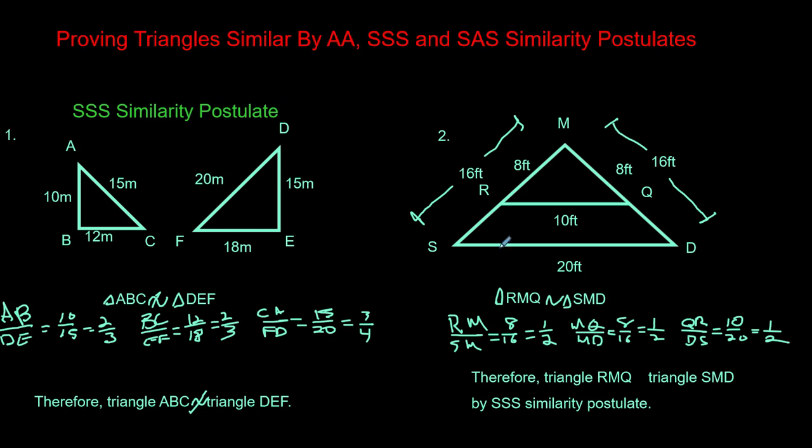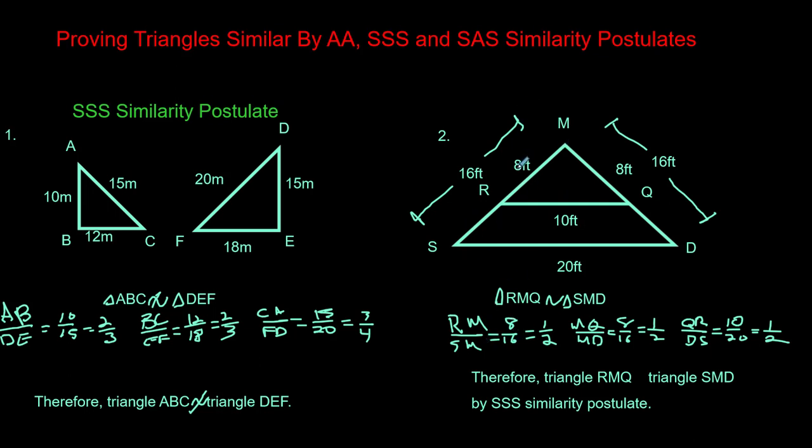Okay, let's do the same thing over here. So what we've done is, well, we have 8 feet and 10 feet for a little triangle, and we have 16 and 20. So let's look at the ratios from the three corresponding sides with these two triangles. Well, RM to SM is going to be 8 to 16, right?